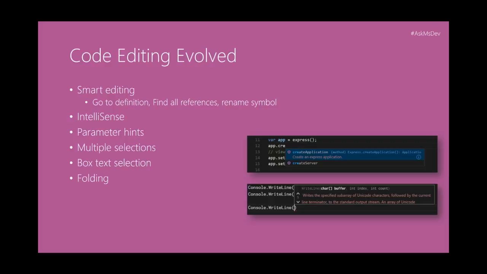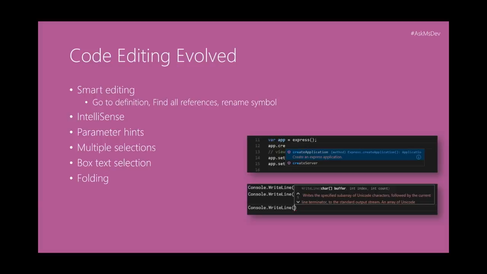For a number of the languages, we will be supporting what we call smart editing, which allows you to just select a symbol in your code file and go to the specific definition. So, for example, a function or where a variable has been defined, you can go to the definition of that item, or you can find all references of that symbol, or just rename a given symbol, and it will replace every single occurrence of that specific symbol across your code base.